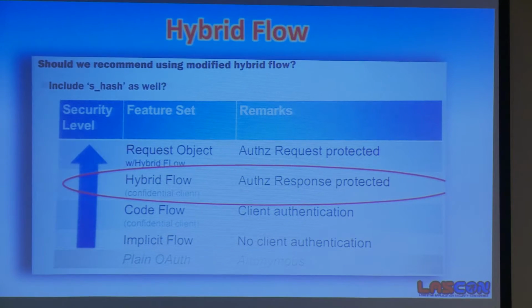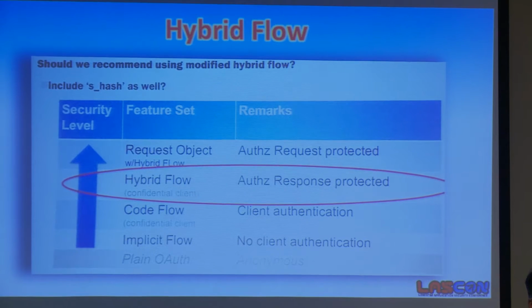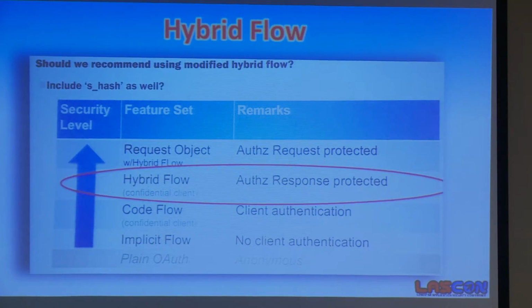So OpenID Connect introduces a new flow, the hybrid flow. Remember we talked about implicit flow and authorization code flow, and those are still there in OpenID Connect. But there's another flow used by Connect called the hybrid flow. This diagram I borrowed from Nat Sakimura from the OpenID Foundation, and it's interesting because the goal with OpenID Connect was to make simple things simple, but also to support higher assurance transactions.